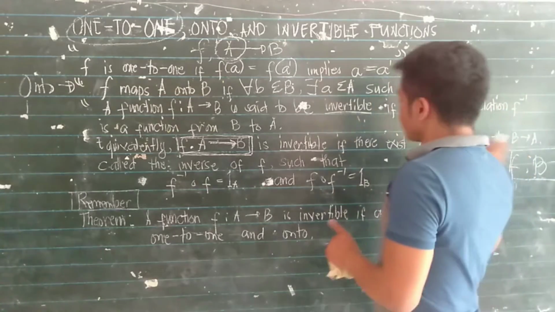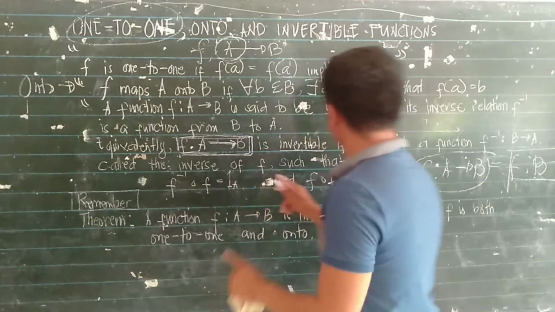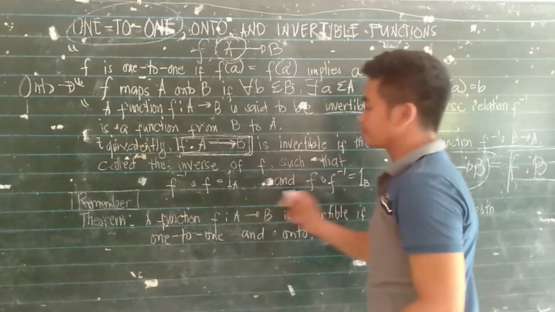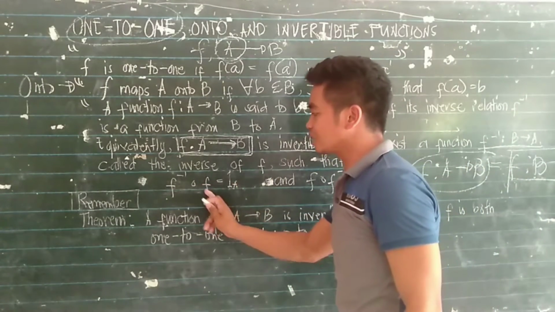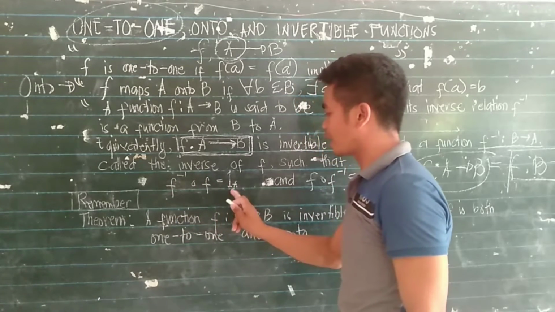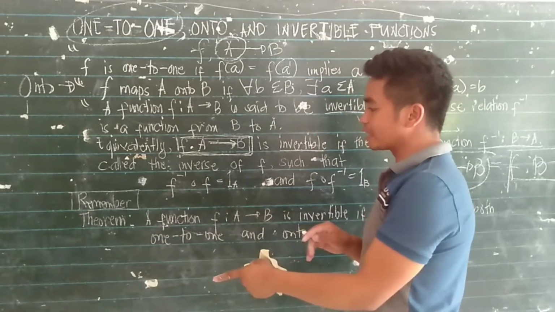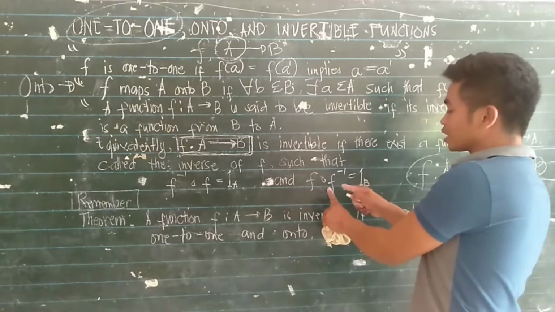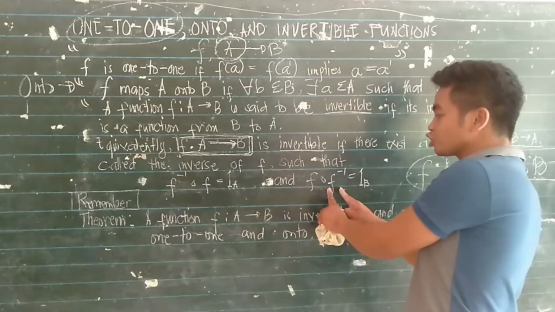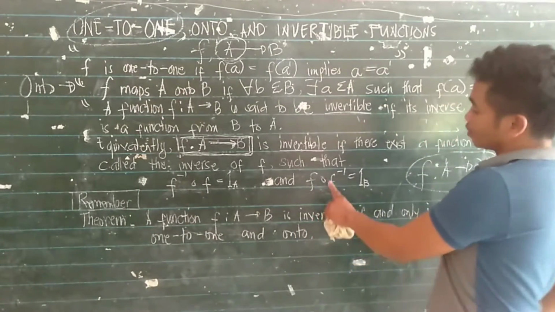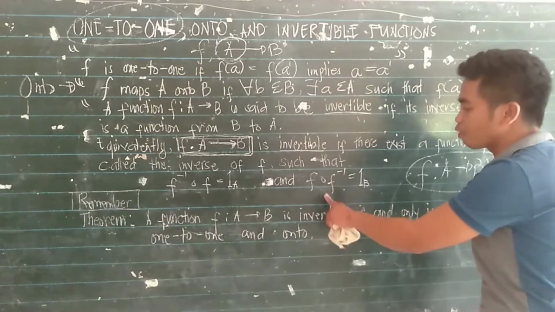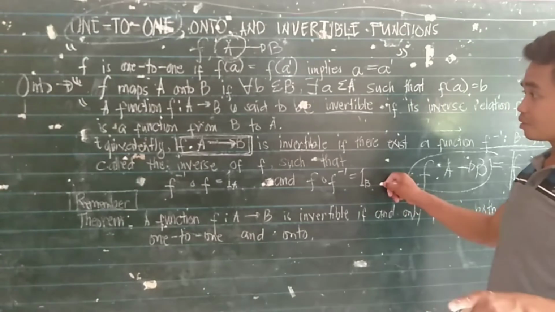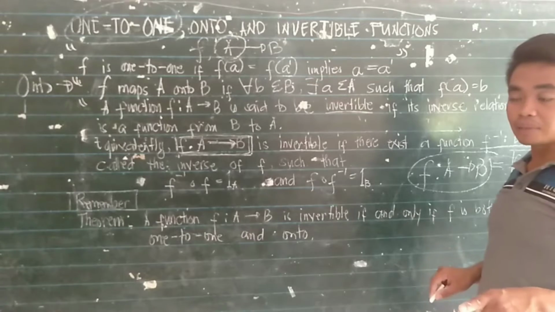So, call this the inverse of f, such that f composite the inverse function is equal to 1 sub A. Simply, we discussed the identity function already. And the composite of the inverse function, f raised to the power of -1 composite f, is equal to 1 sub B. That is all about the invertible function.